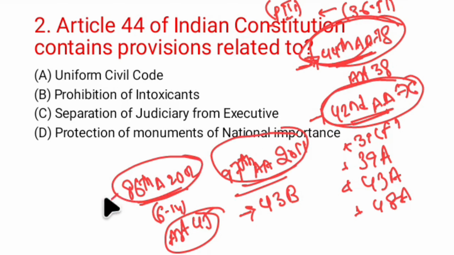If you talk about the 86th Amendment, this brought changes to the fundamental rights by introducing Article 21 Clause A. This talks about free education from 6 to 14 years. And also this brought changes in Article 45, which talks about early childhood care for 0 to 6 years.